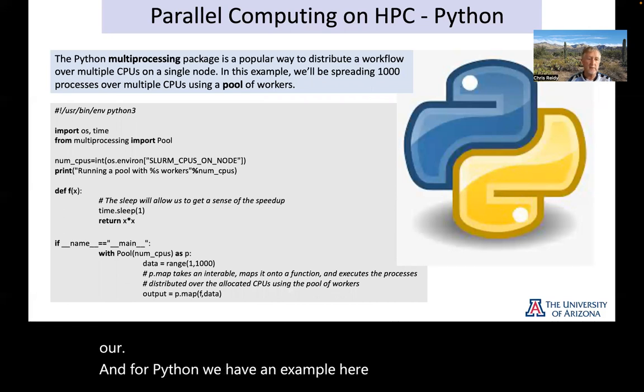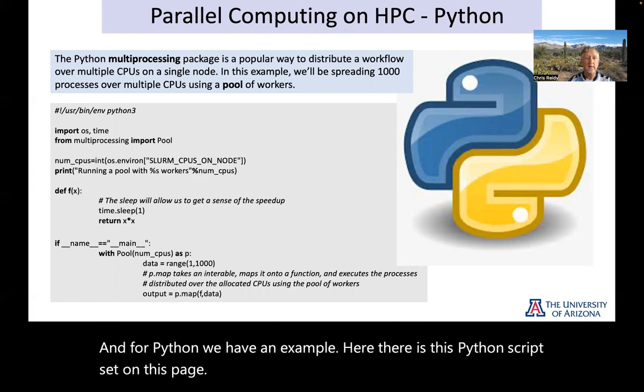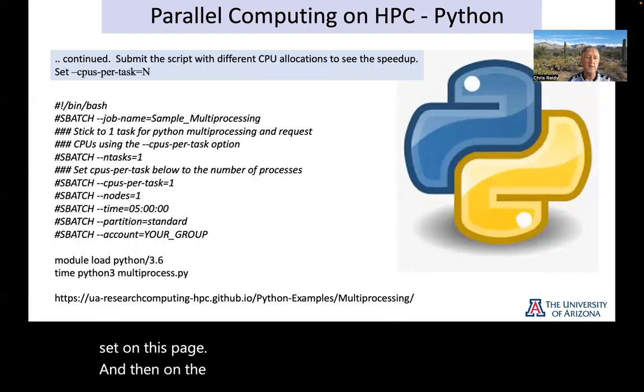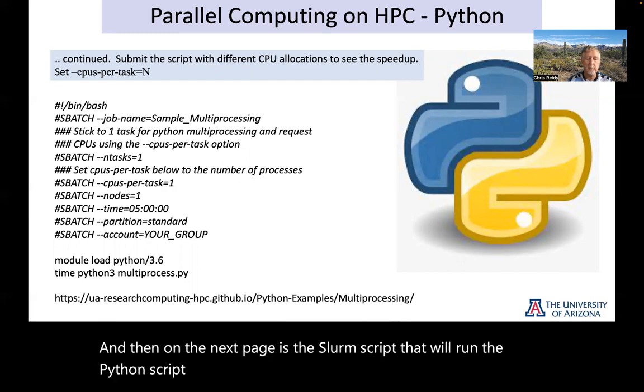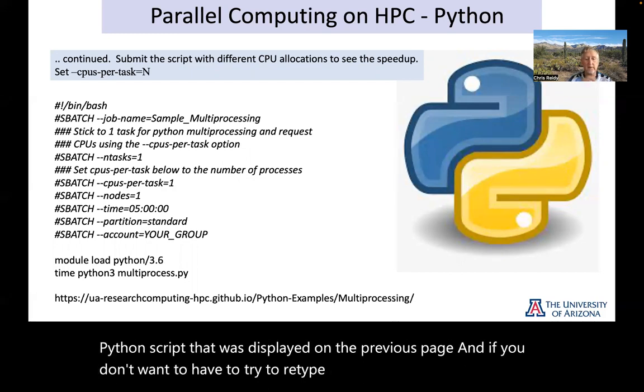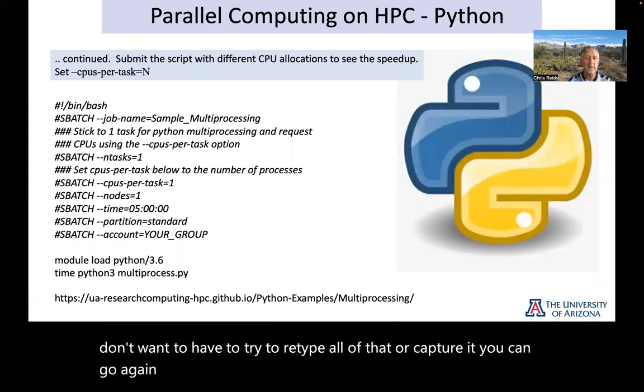There's this Python script set up on this page, and on the next page is the Slurm script that will run the Python script displayed on the previous page. If you don't want to retype all of that or capture it, you can go again to our GitHub and look at that example.